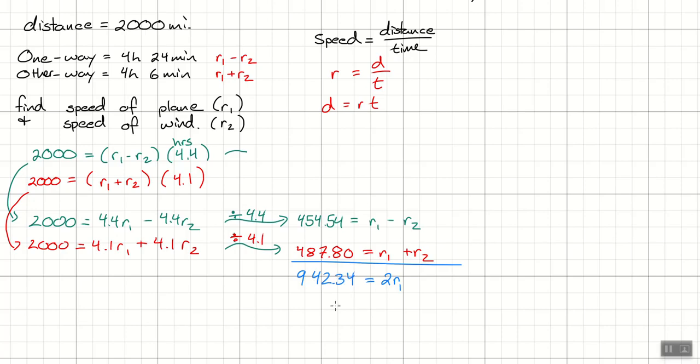Divided by 2. 471.17. Okay. The second we get this, remember R was a speed, and we have miles and hours. What should the unit be here? I'm cool with MPH because it's so common. Miles divided by hours. Miles per hour.